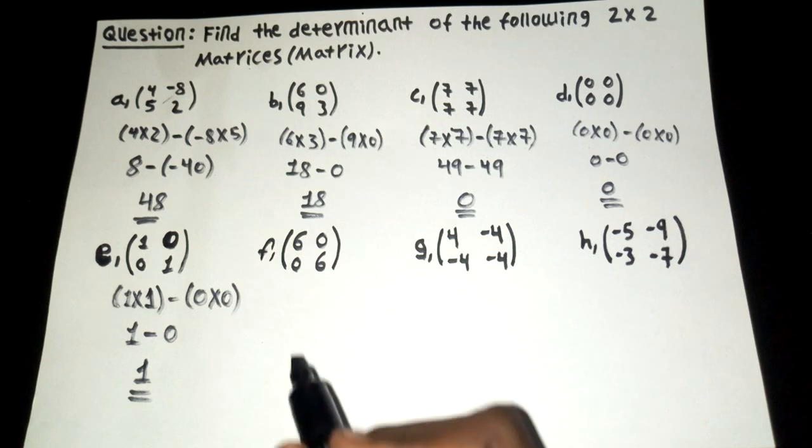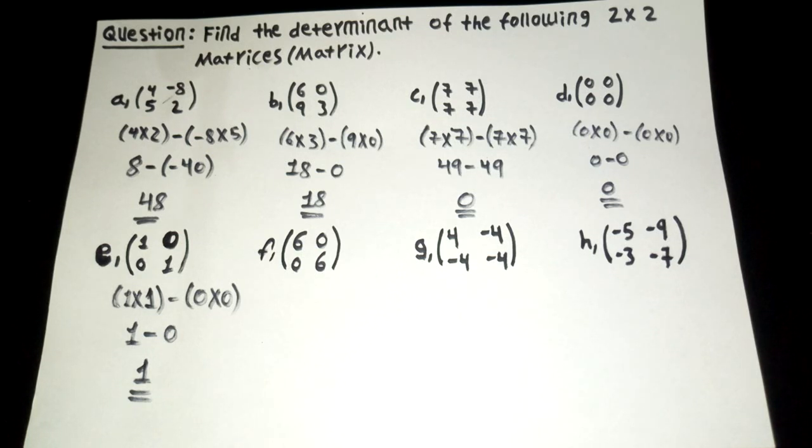Okay, then here we have another example. As you can see, this example is just the same as E, but the difference is that the principal diagonal has the same numbers, but they are not 1 and 1. They are 6 and 6. Maybe we have 2 and 2, 3 and 3 and so on.